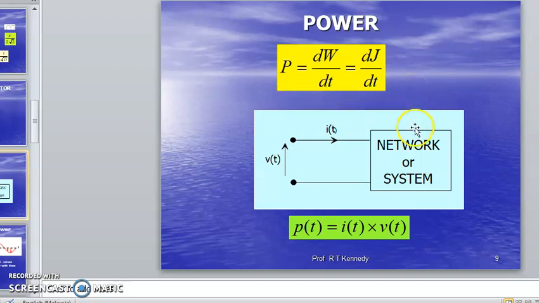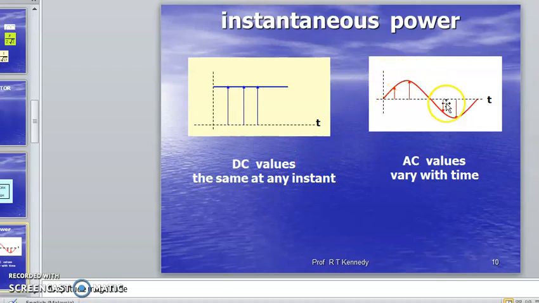The power is the amount of I times V, the I that comes into the network or system, times the terminal voltage delivered to the system. Instantaneous power means the values at an instant, any point. For AC, your value will vary with time.